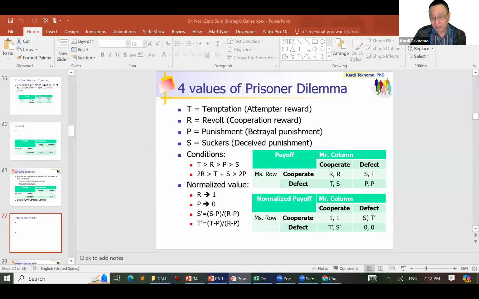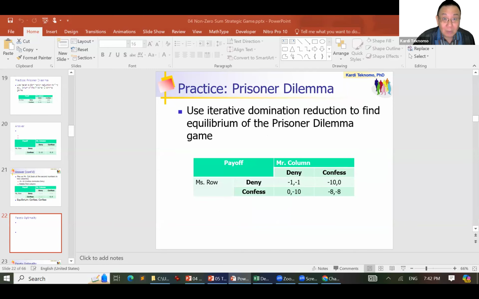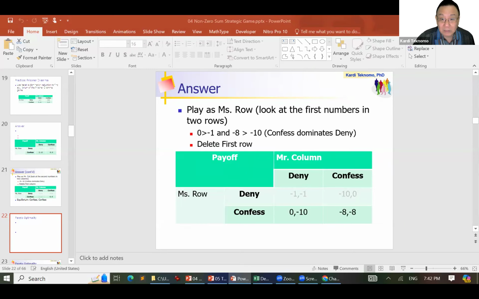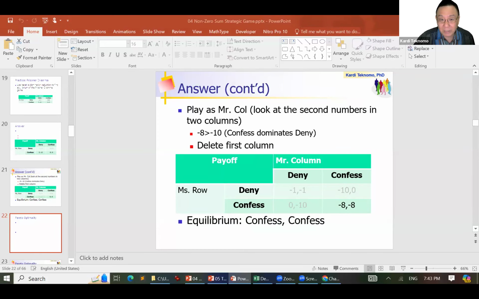Then defect will be T and S in this case. This is what Joben was explaining a while ago. If you can see this, you can eventually get the confess outcome.